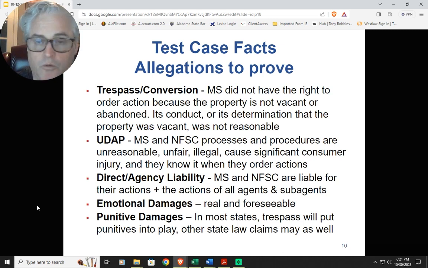And so you do your best to try to get into the home. Can't get into the home, you call the mortgage servicer. They give you a code to the key box.